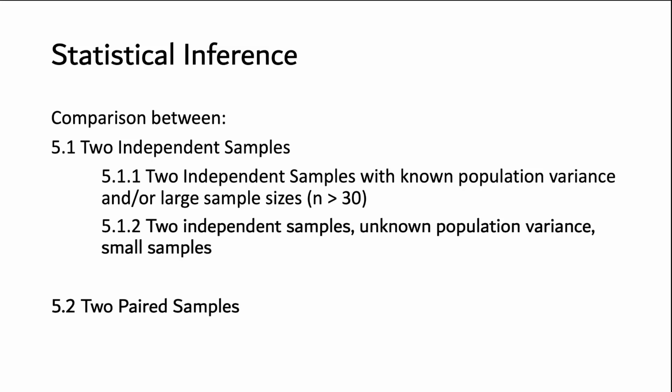First is when we have two independent samples with known population variance and/or large sample sizes, which is n more than 30. And the second is when we have two independent samples with unknown population variance and the sample sizes are small.